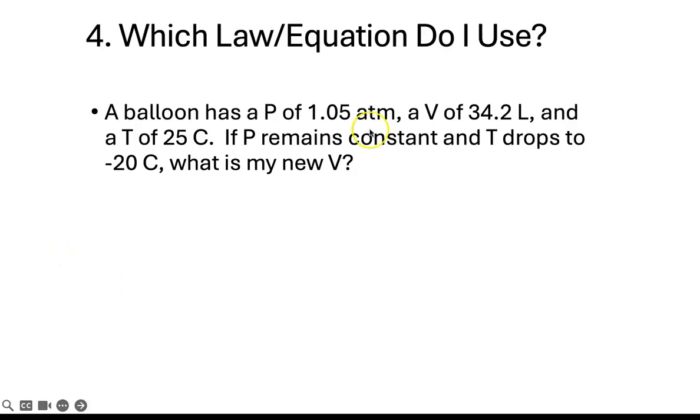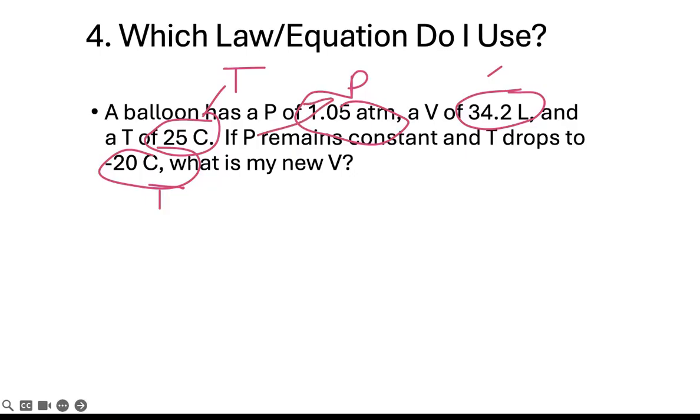Once again, I'm going to look at it. I can see that I've got a pressure right here, a volume, and a temperature. Of course, I know that needs to be converted into kelvins. And I'm seeing I've got a second temperature, and my pressure is going to stay the same.